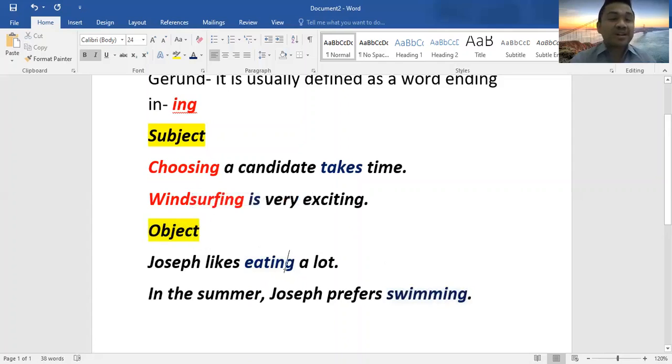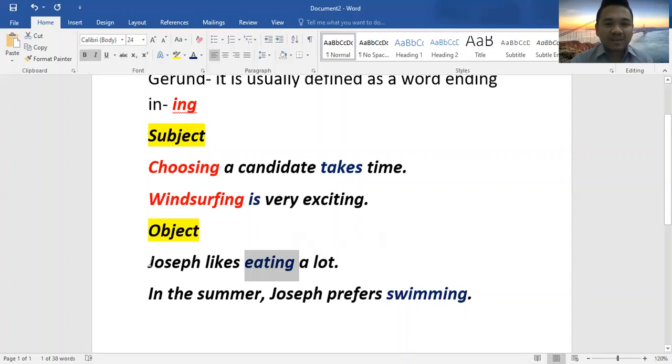Now, how can we identify that the gerund functions as an object? Take note here. We can say that the gerund is an object if it comes after the verb. Again, the gerund is an object if it comes after the verb.